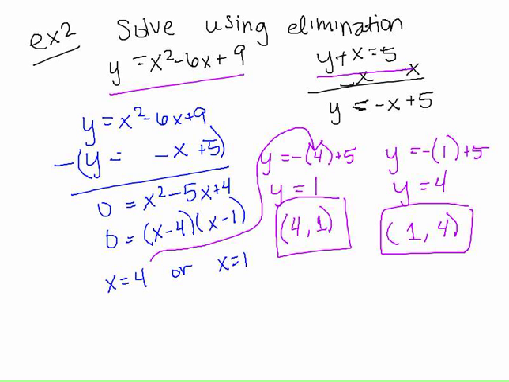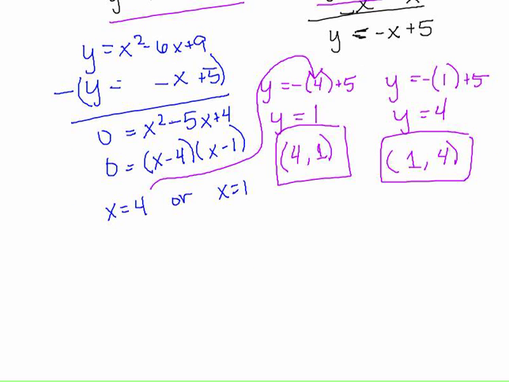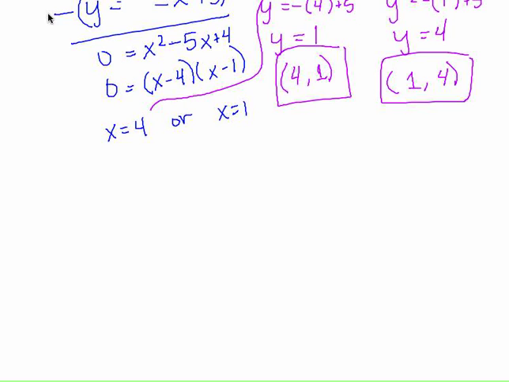Finally, I'm going to show you guys how to find this solution using substitution instead of elimination, because I know some people prefer substitution. I'm still going to use the same equation as before because it's very, very similar in process.